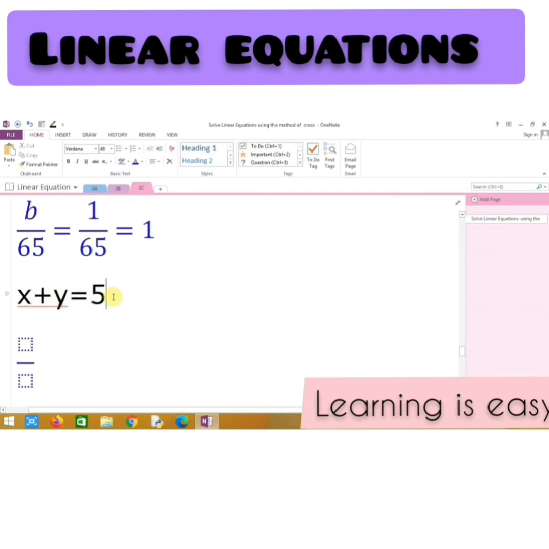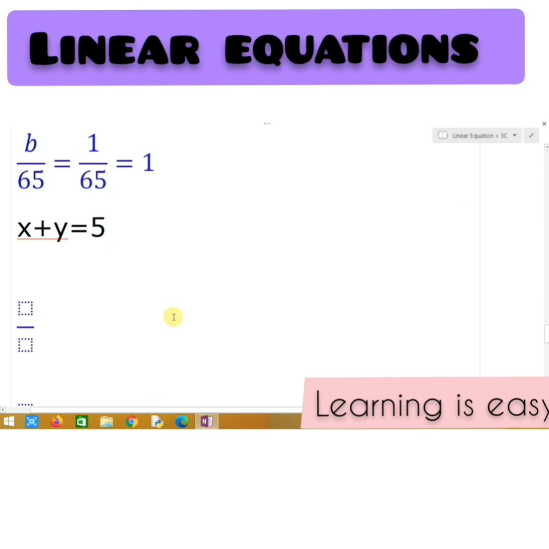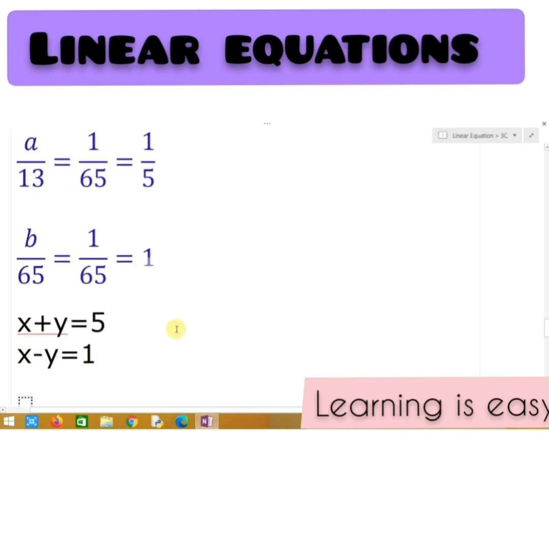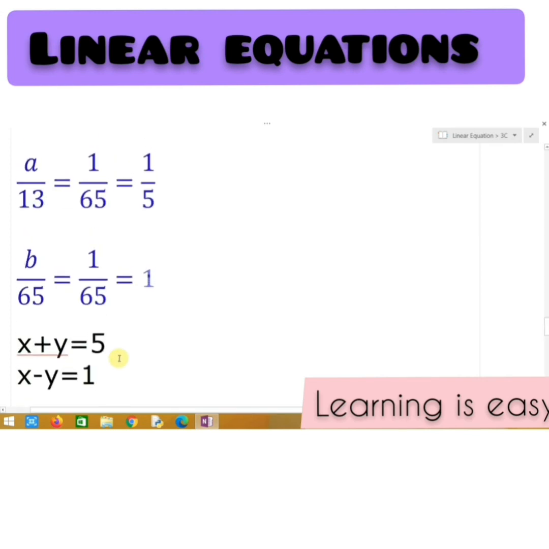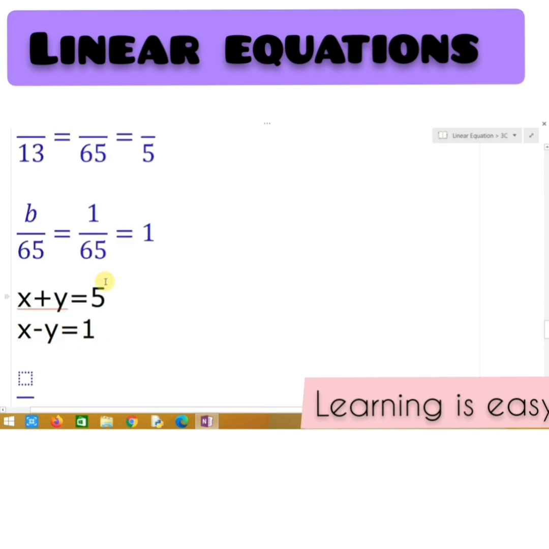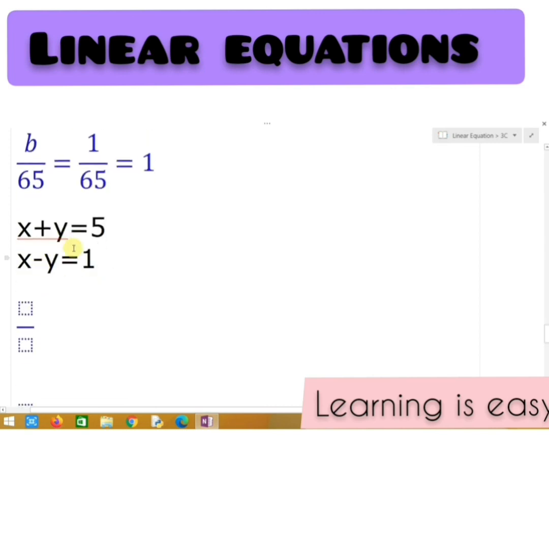X plus y equal to 5 is the equation, and the other equation is x minus y equal to 1, as we know the value of b is 1. So these are the two equations. Now with this we can do again the cross multiplication method to get the value of x and y. So we can bring the constant to the left hand side. 5 becomes minus 5 equal to 0, and 1 becomes minus 1 equal to 0 in the second equation.